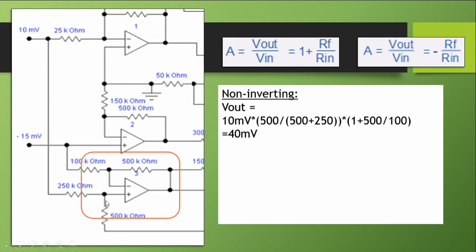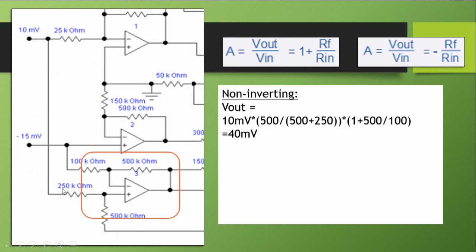This is the tricky part. This is our gain for the non-inverting, 1 plus 500 over 100. But our input voltage here is not actually 10 millivolts. We have to find what is the voltage here at the positive terminal.